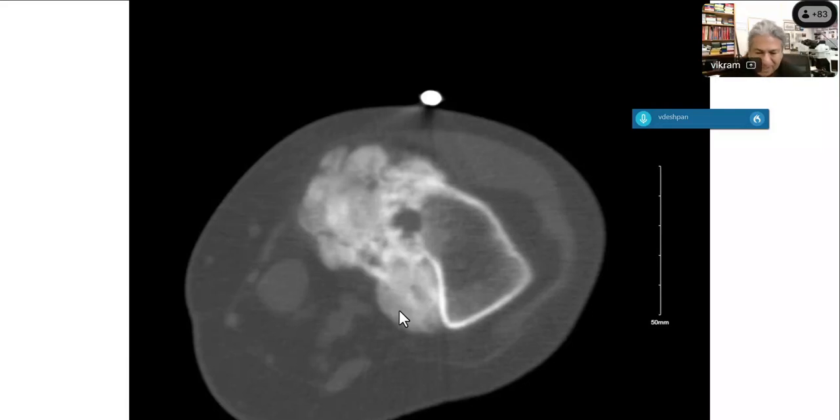Here's the CT scan, and I think in general, CT scans are much easier to interpret than plain films because you're seeing a single slice of the tumor. Here's the distal femur, and you can see this big calcific mass. This has got to be some sort of a tumor.